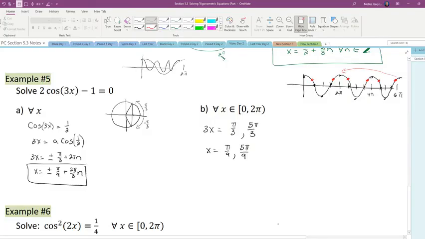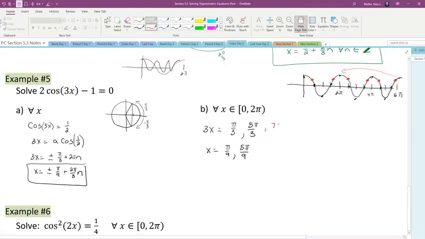So here's the advice. Find more answers than you think will work. So just keep going. Back up here, we have pi over 3, we have 5 pi over 3. Right at this line, you said go to pi over 3 and then add a circle. So let's do that. Adding 2 pi is 6 pi over 3.